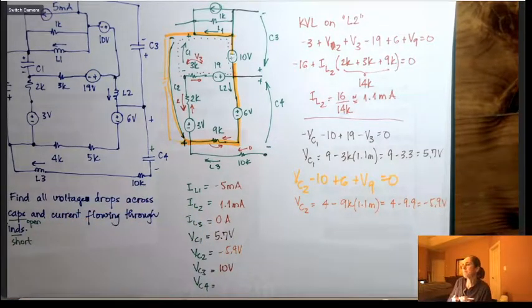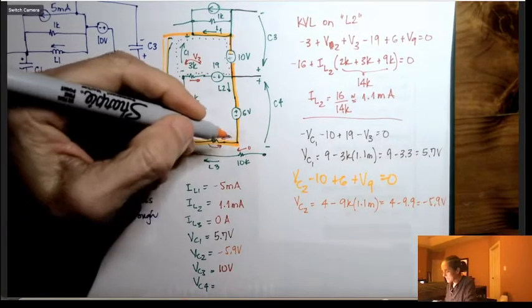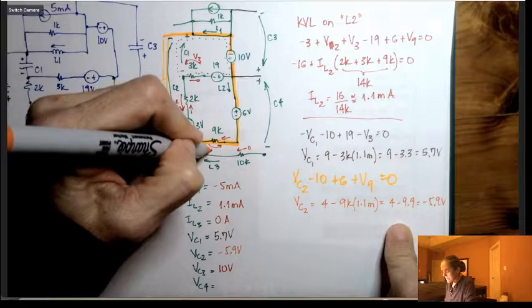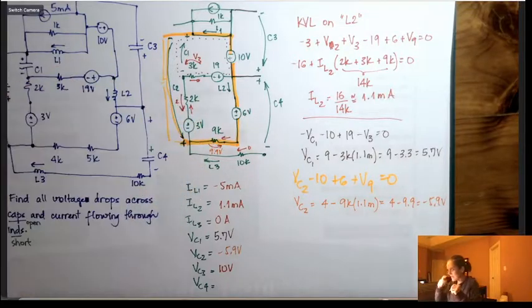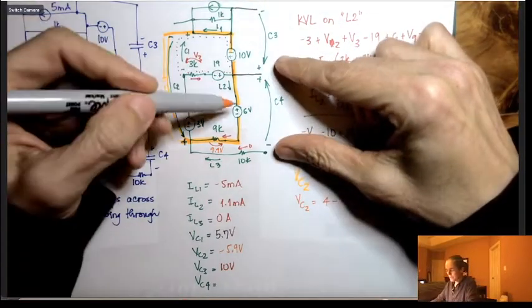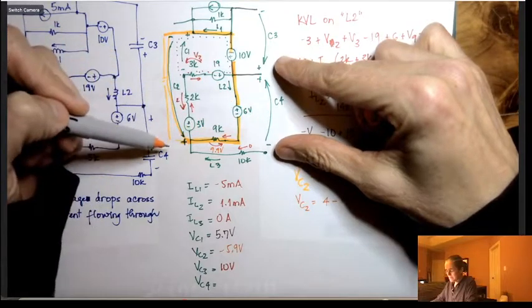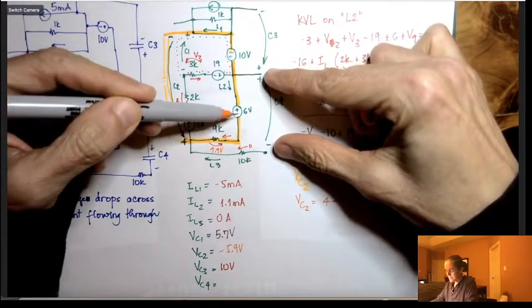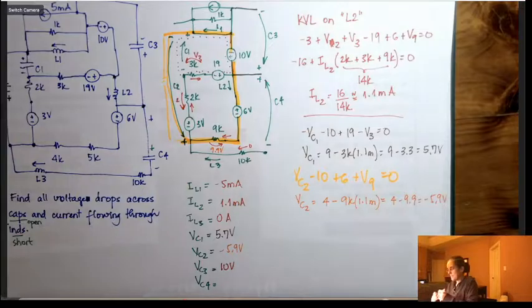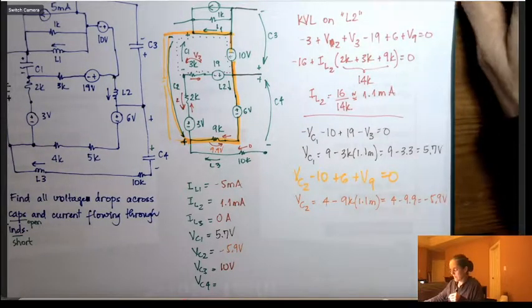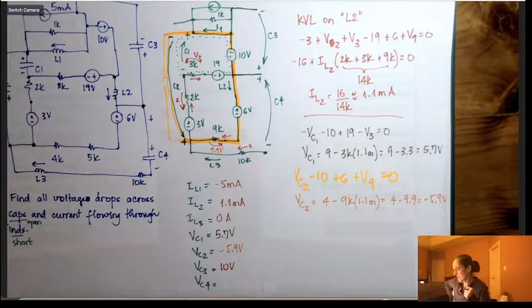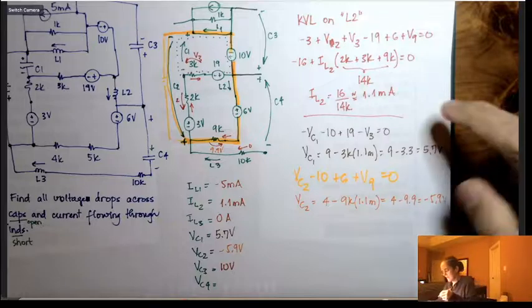Now the last one, I'm going to use the same method, except that I already know that this here is 9.9 volts. So VC4 will be 6 plus 9.9 volts.